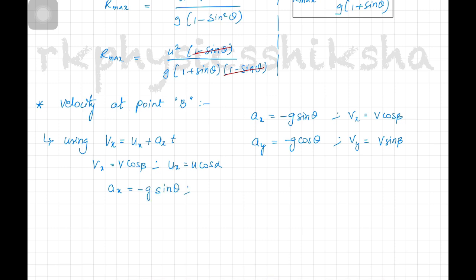The time of flight is capital T, which is the total time, equal to 2u sin alpha by g cos theta.